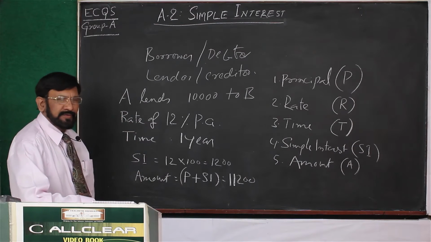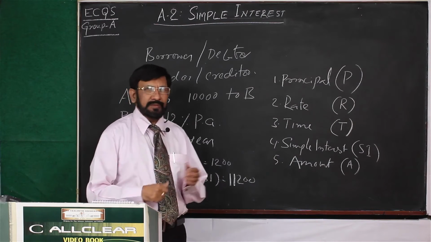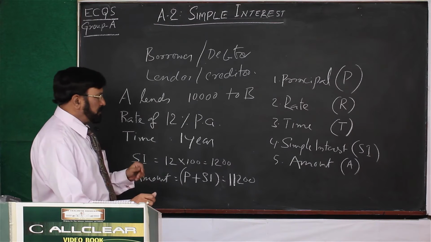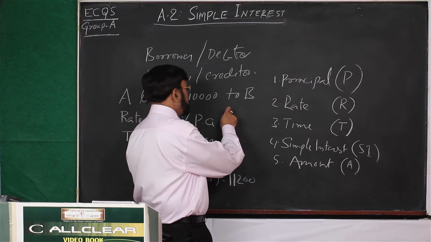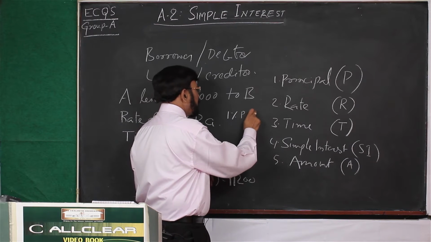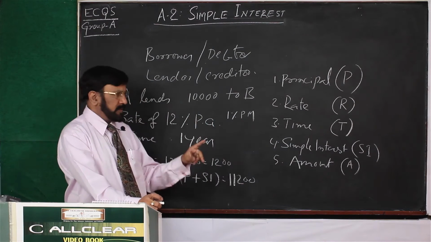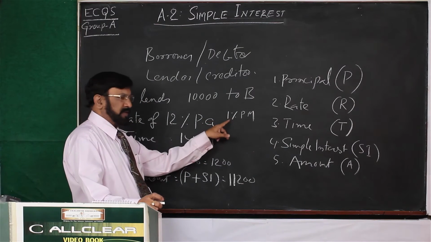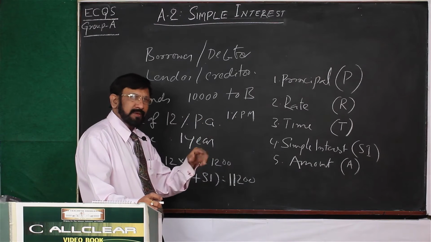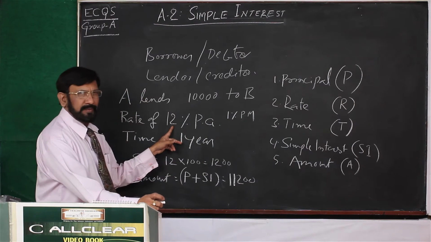In this context, some special points we have to focus on. The first one is rate of interest. Rate of interest should always be per 100 per year. Sometimes interest may be given like this: 1% per month. Then we must evaluate for 1 year, that is, per 100 for 12 months, which is 1 year, so 12%.